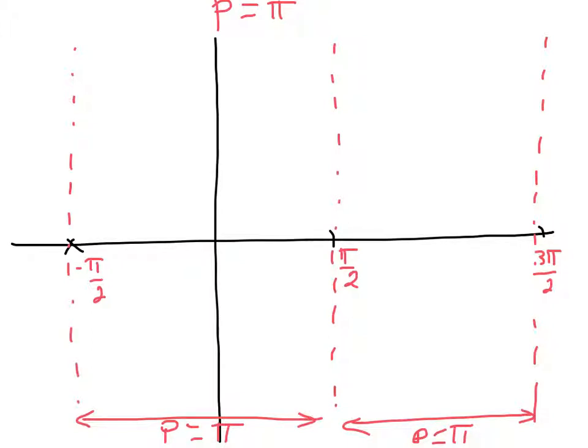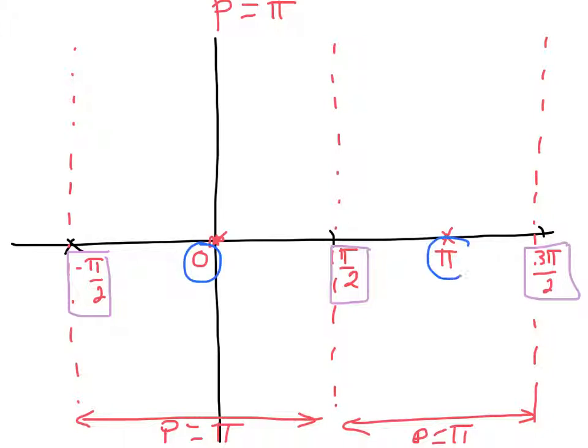First of all, I need the midpoint of each interval, which will be the x-intercept. This is where the function is going to cross, and this is pi, and this is where the function is going to cross. So far I have 3 asymptotes, and I have the x-intercepts, which are at 0 and pi.